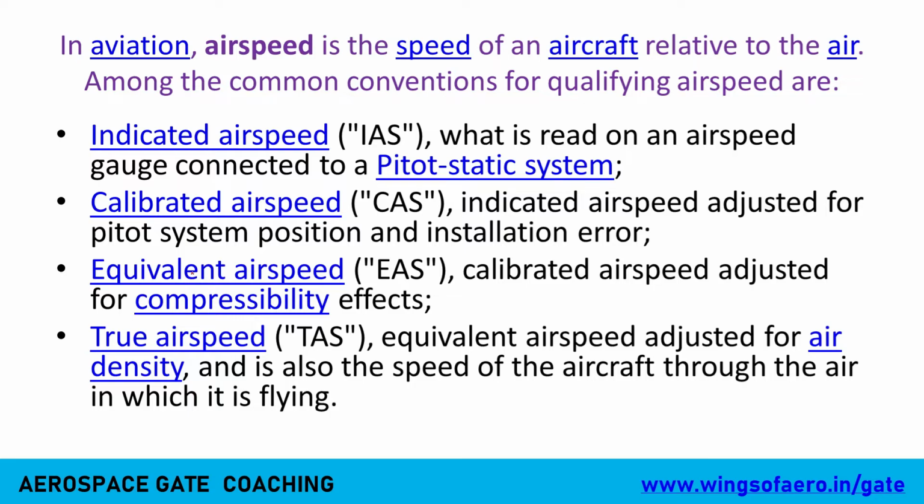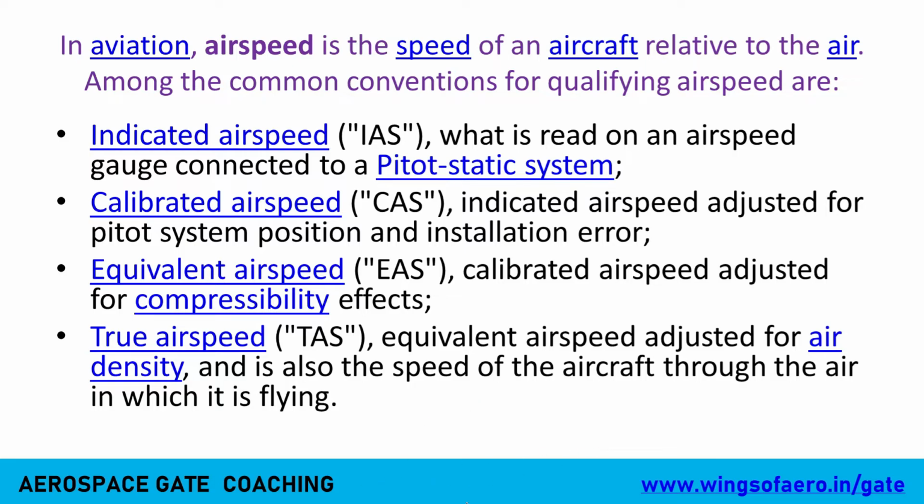It will adjust each and every factor, including density and speed. So what is the purpose? All of these cut down some error or some parameters to give the correct flight speed. That is the main motto of using these different types of airspeed.